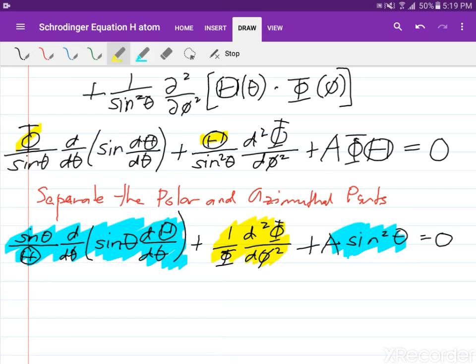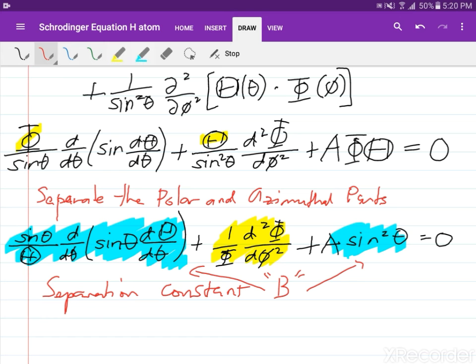Okay, so now we assign again a separation constant. Let's assign a separation constant b. So we will equate b as the blue parts and the yellow part.